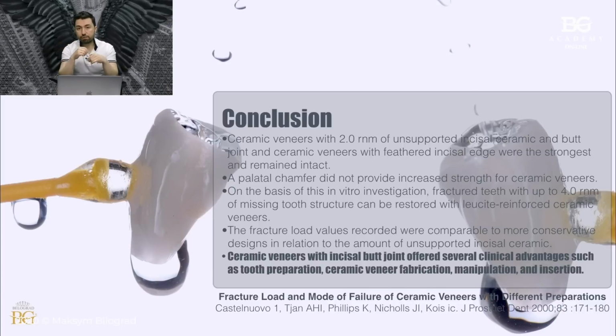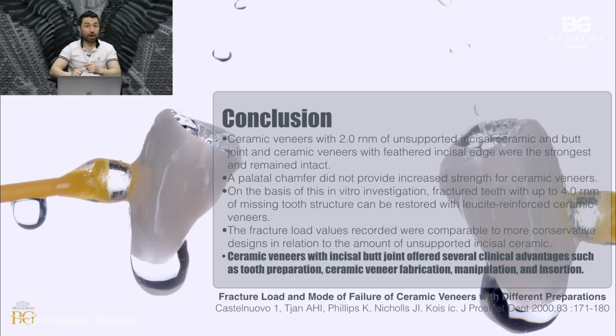Another disadvantage for incisal overlap is that it is more difficult to prep. The design is more difficult, and also for your dental technician it is way more difficult to fabricate the restoration than butt joint or window preparation. So butt joint is pretty simple design, simple to prep and simple to fabricate, and conservative because of the path of insertion.